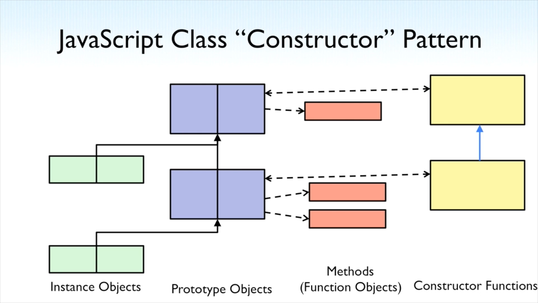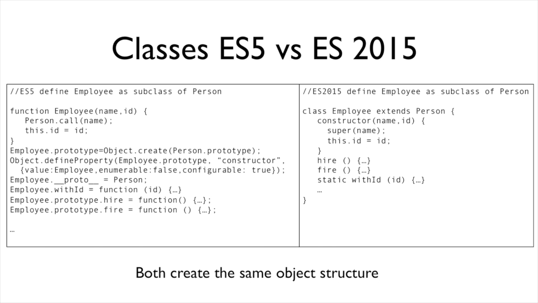That is the latent built-in class model of JavaScript that Brendan and I coded up in May of 1995, right? And that is exactly what is implemented in ECMAScript 2015.